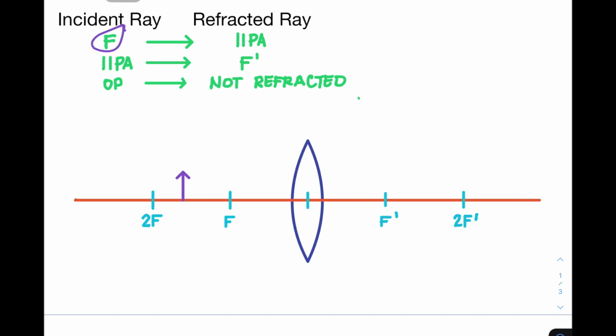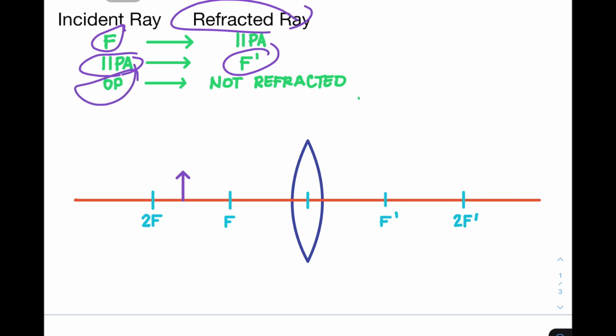If the incident ray is aligned with the focus, it will be refracted, or bend, parallel with the principal axis. And if it is parallel with the principal axis, it will be refracted towards the focus prime.